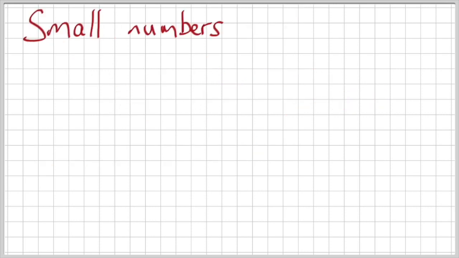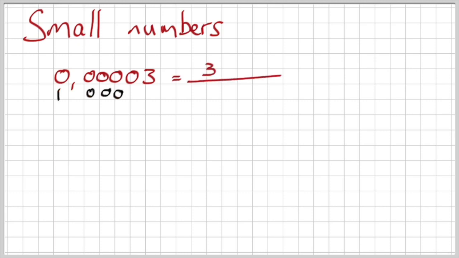But what if I've got a really small number, like 0,0003? Now, if you think back at converting from decimals to fractions, I can say this is 3 over 100,000.